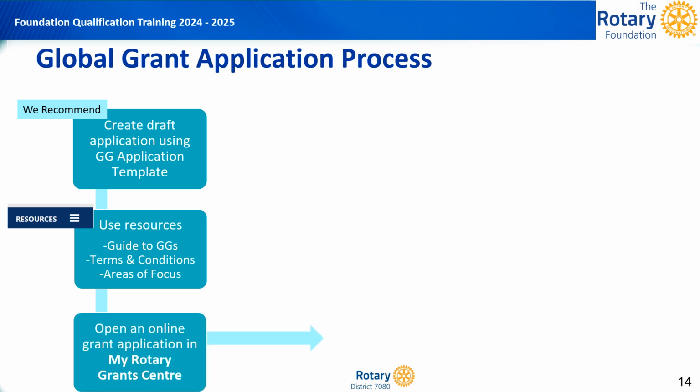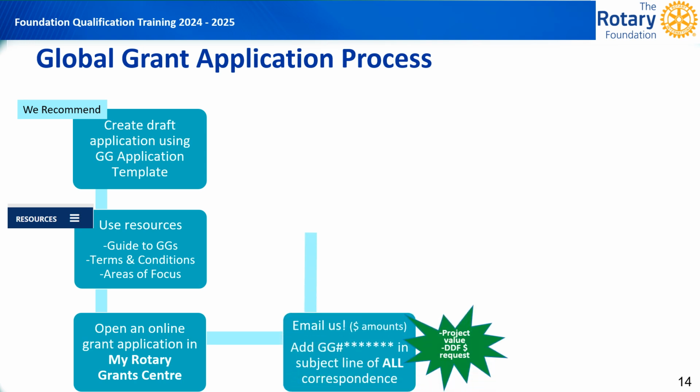Once the project has been drafted, an online grant application can be opened in the My Rotary Grant Center. This will initiate a global grant number with information about the host and international sponsor clubs and districts, the names of the primary sponsors, and other grant information.